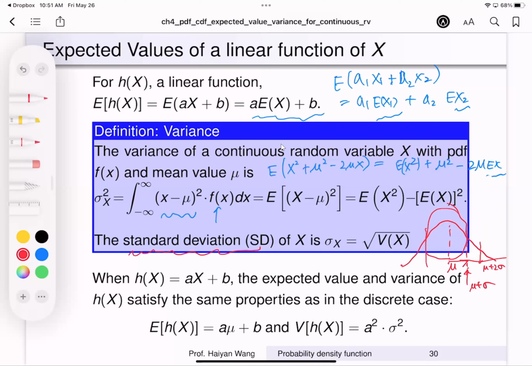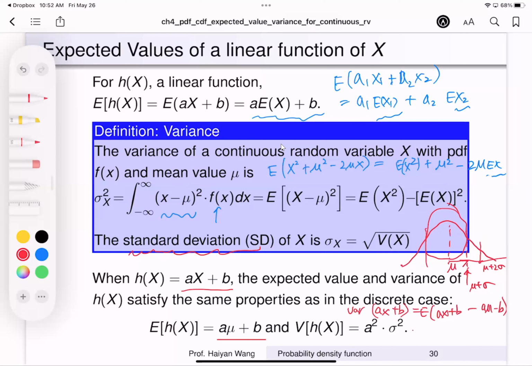So if we have a linear function, we already know for linear function ax plus b, the expected value is simply the linear function of the mean. So a mu plus b. When we consider the variance, because of the squared term there, the variance of ax plus b is the expected value of ax plus b minus a mu plus b, squared.